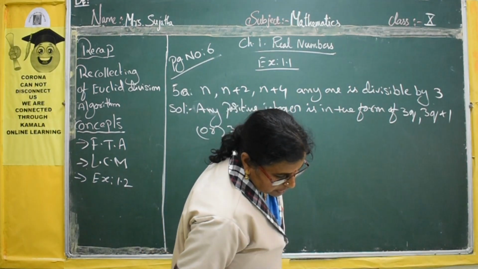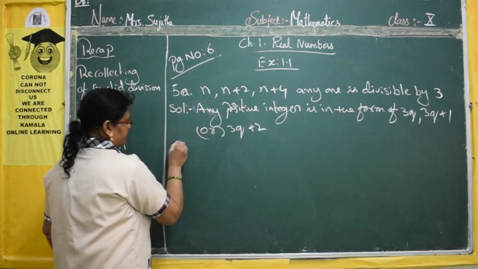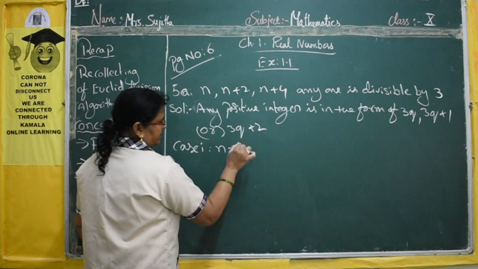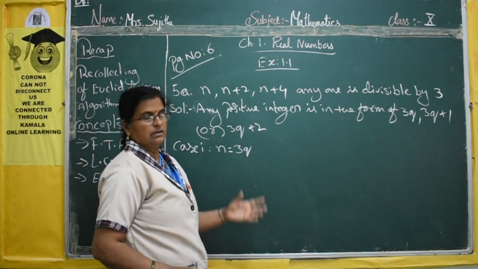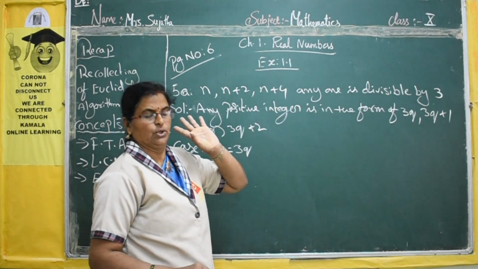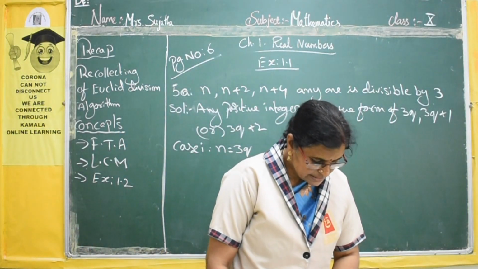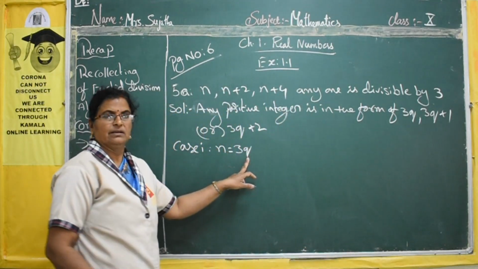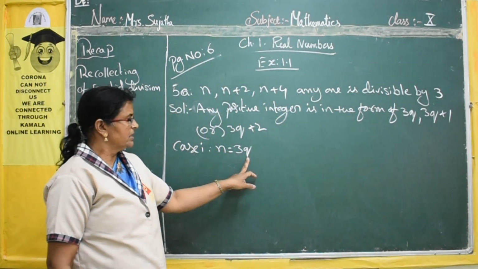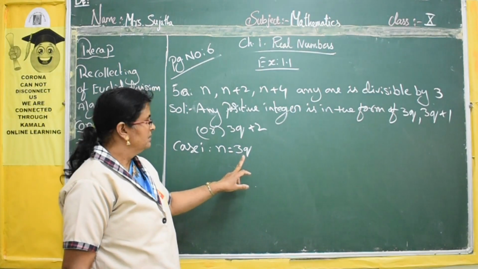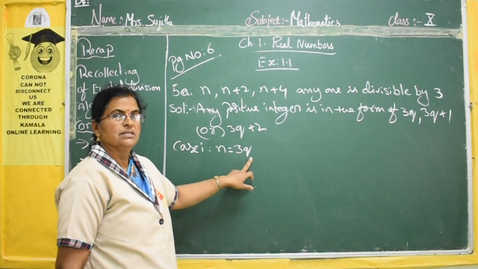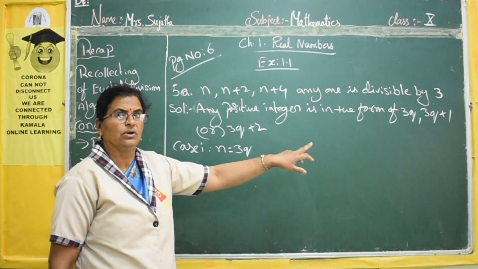Now, case 1 we will see. Case 1: n is equal to 3q. So n is equal to 3q, which is divisible by 3. For example, if you take q equal to 1, 3 into 1 is 3. So 3 is divisible by 3 only, no?